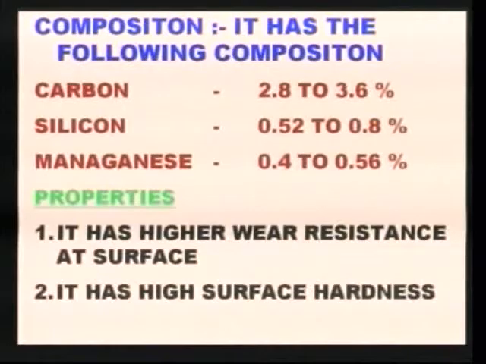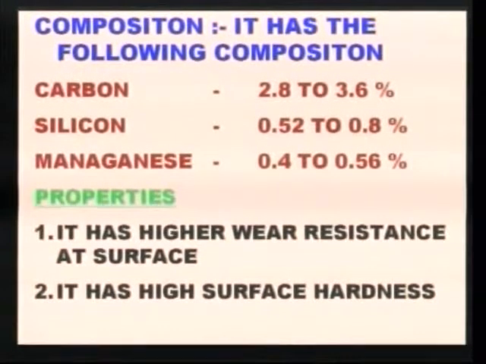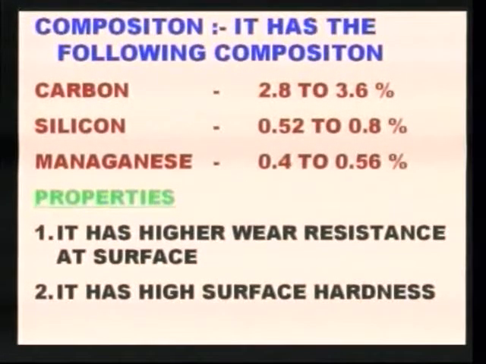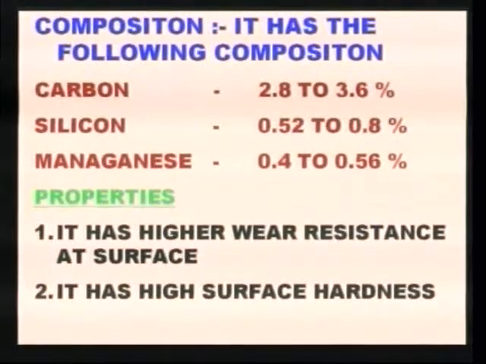The composition of chilled cast iron is carbon from 2.8 to 3.6%, silicon from 0.5 to 0.8%, and manganese from 0.4 to 0.56%.